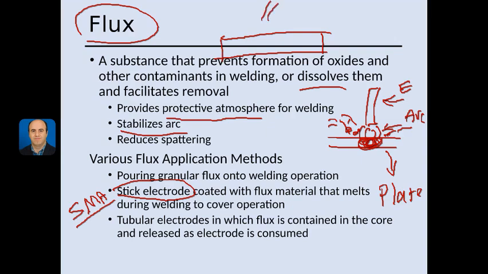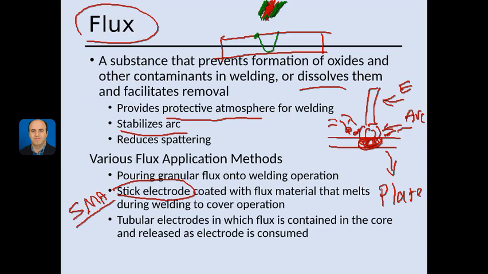It's a rod, a metal rod. The rod is covered with a flux material, and that flux during the welding process will be melted along with this electrode, the metal.